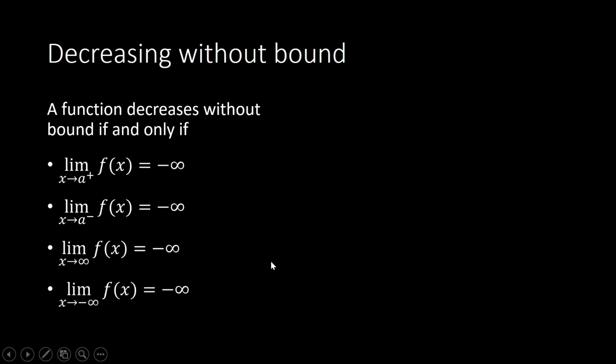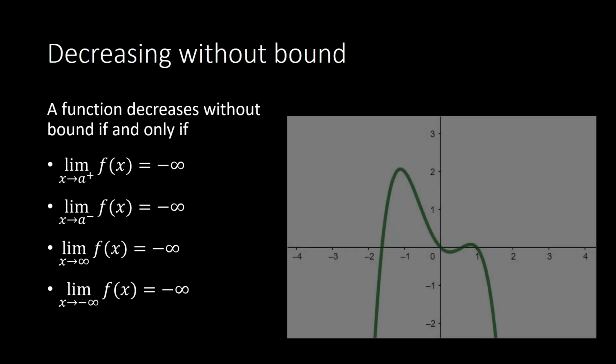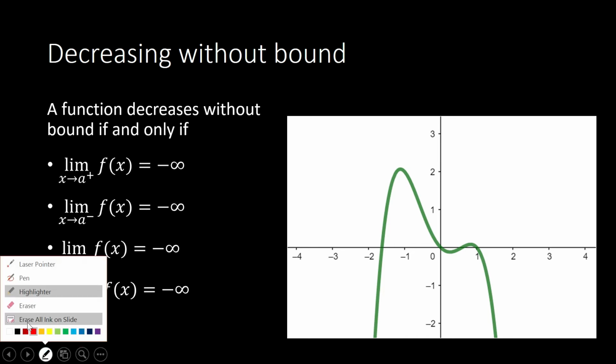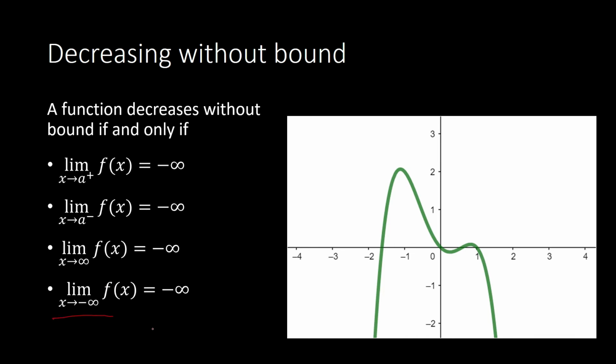So your function decreases without bound if and only if the limit of your function as x approaches infinity is negative infinity, or when x approaches negative infinity, your function goes to negative infinity. In this case, again, this is a polynomial function, and polynomial functions are defined for any real number x.